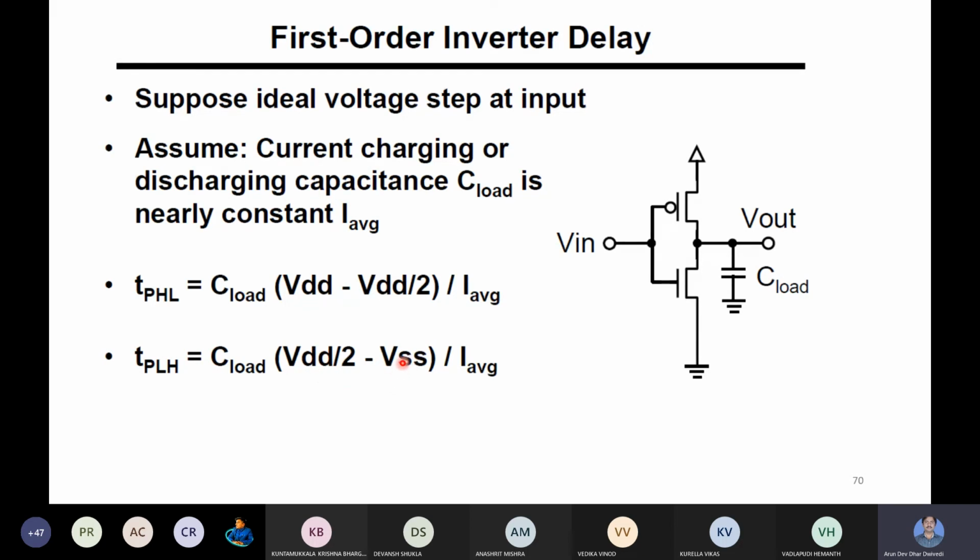So the change of voltage is VDD by 2 minus VSS, and C load into this change divided by I average. This is a very simple first order approximation for TPHL and TPLH. If TPHL and TPLH are calculated, then propagation delay TP equals (TPLH plus TPHL) by 2. This is just the beginning of delay calculation and timing analysis.